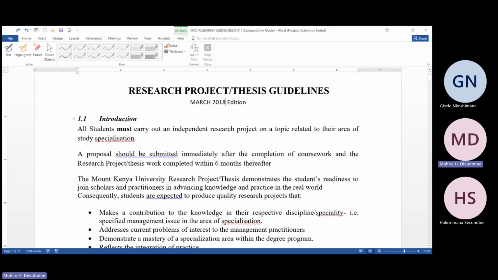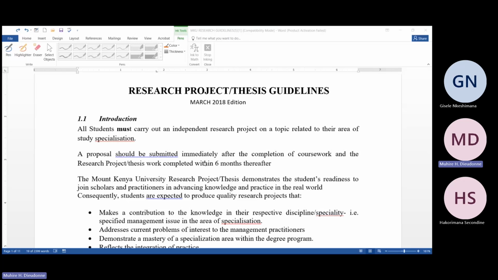So this is the introduction, showing that students must carry out independent research on a topic related to the area of their study.